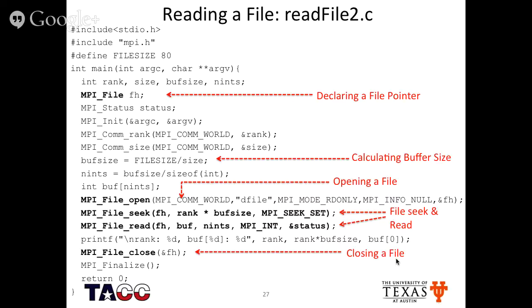So in order to do that, my formula is very simple. I'm assuming everything is nicely divisible, which might not be the reality, but let's assume that for the time being. So let's assume I have a buffer size. I defined FILESIZE as 80. So when I do file size divided by size, what is size?